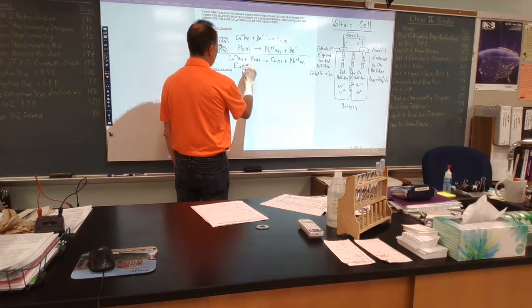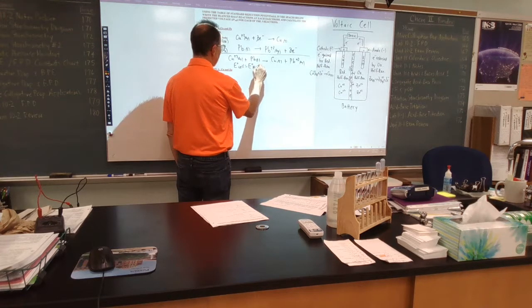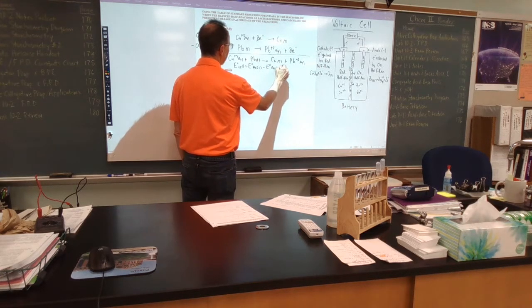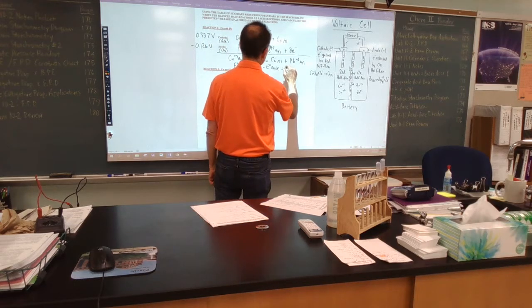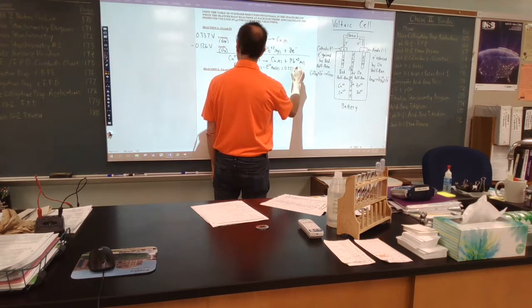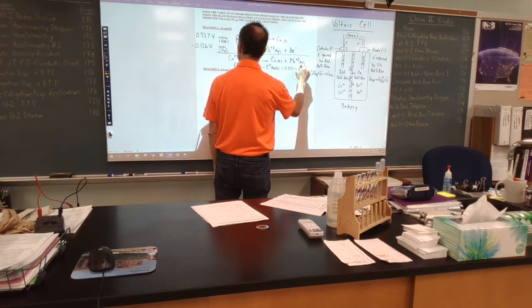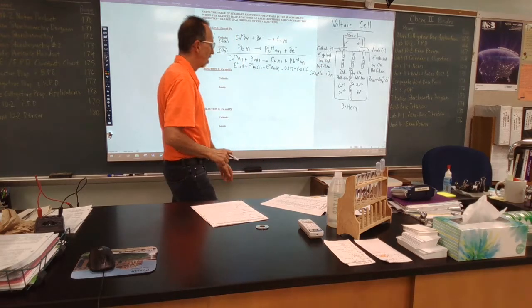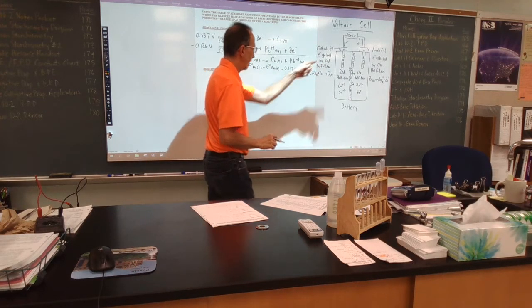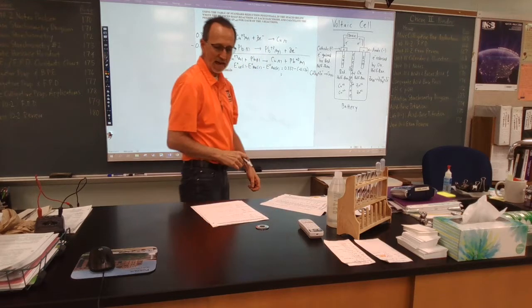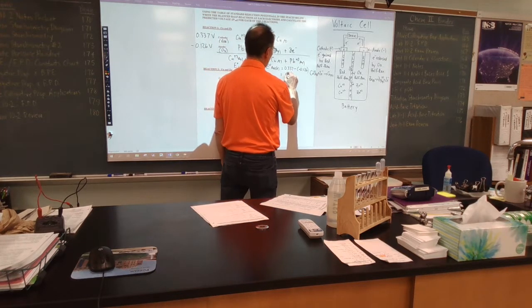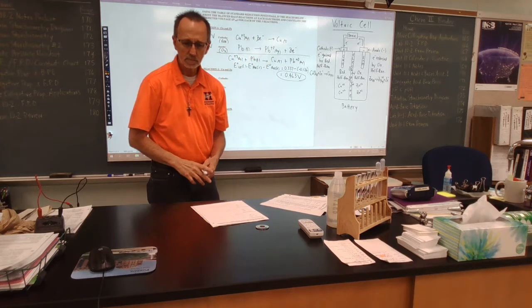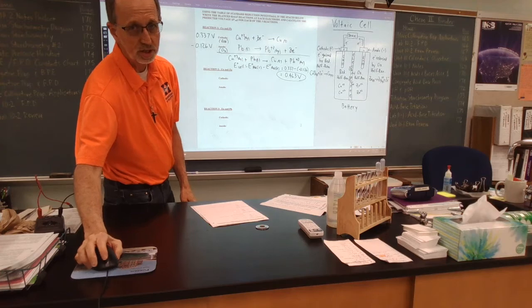So E cell equals E reduction cathode minus E reduction anode, which is 0.337 minus negative 0.126. I'm a little crowded over there. Sorry about that, because I wanted to leave that up. And so that value of E is 0.463 volts.